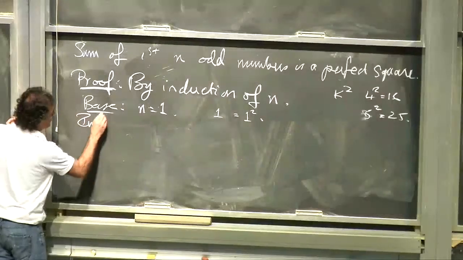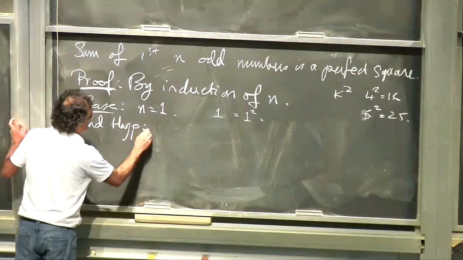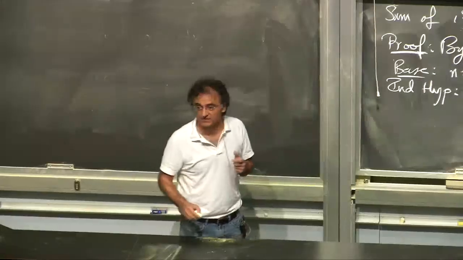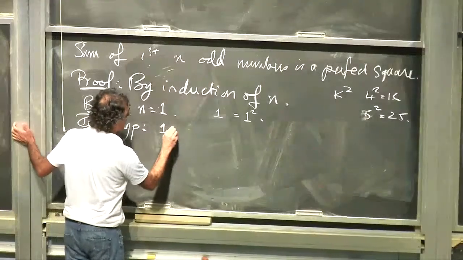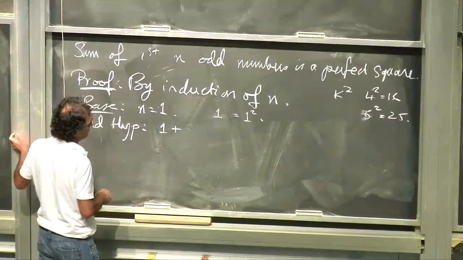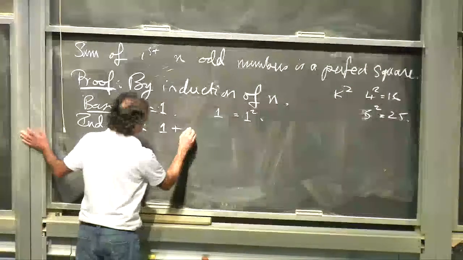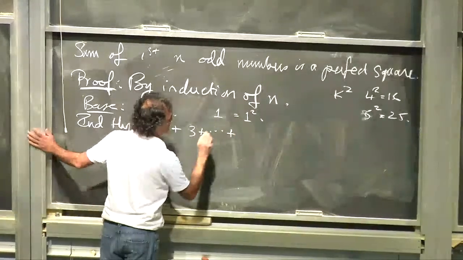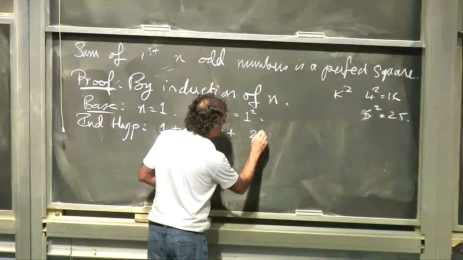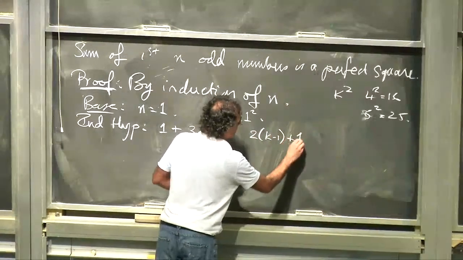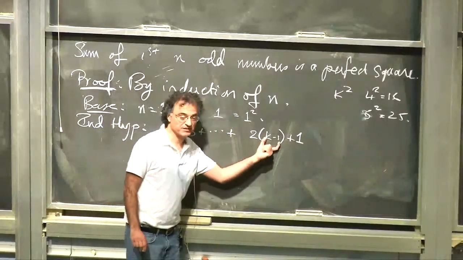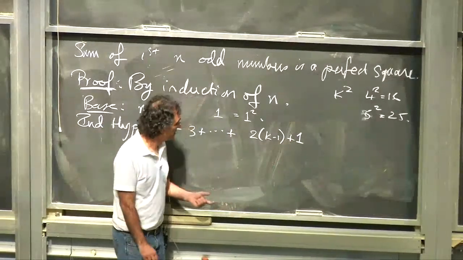Induction hypothesis. The sum of the first k odd numbers, so 1 plus 3 plus ... plus 2 times k minus 1, plus 1. So this is 2 times 0 plus 1, 2 times 1 plus 1, up to 2 times (k minus 1) plus 1, right?